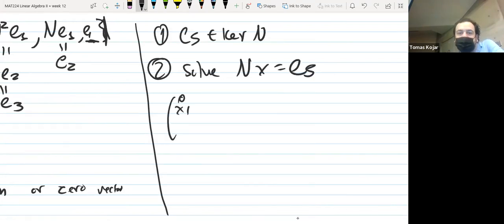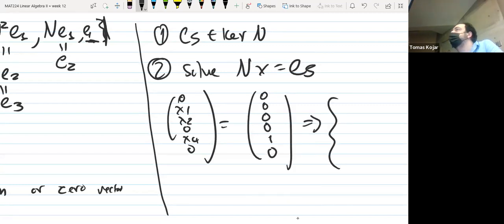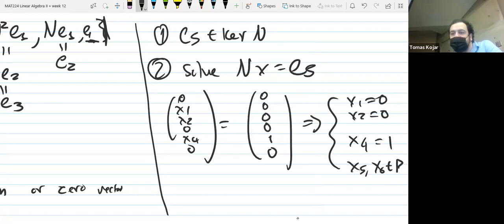So you have 0, x1, x2, 0, x4, 0 equal to 0, 0, 0, 0, 1, 0. So who is equal to 1? You can do it with your fingers. Good. So x4 is 1, x1 is dead, x2 is dead, x5 and x6 can be any number, same with x3.